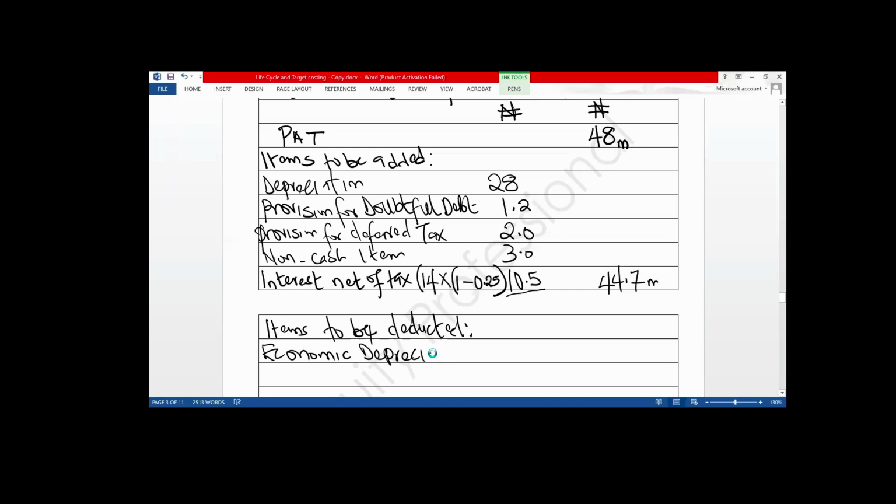Check note number 1 or 2. What is the economic depreciation? 50.5 million. This item will be deducted.